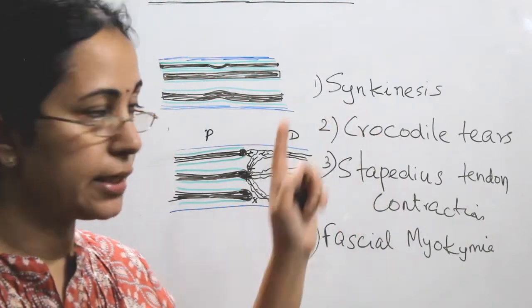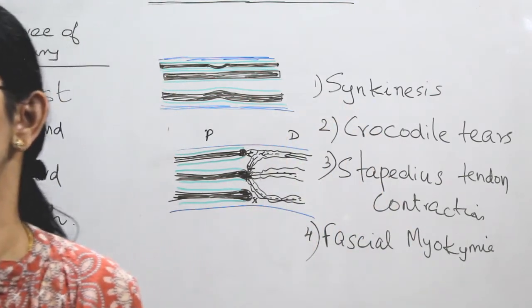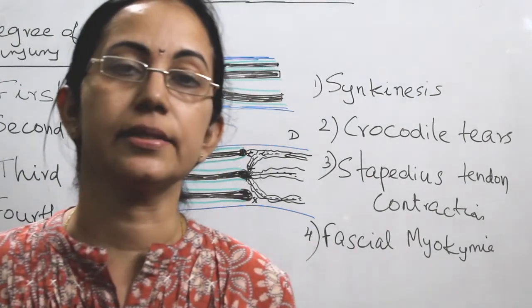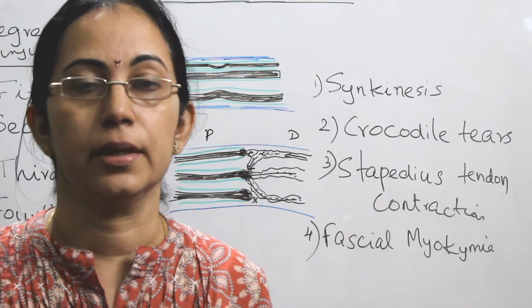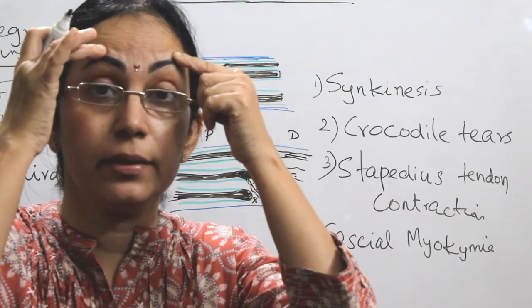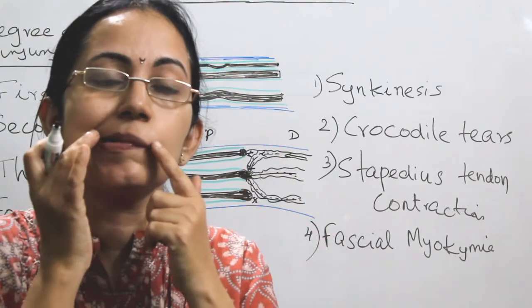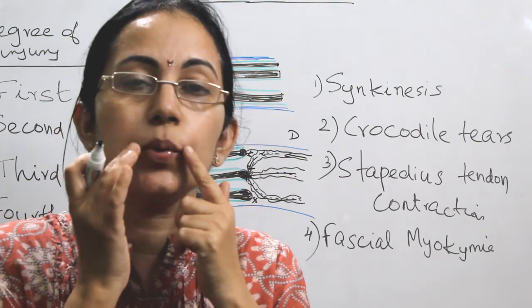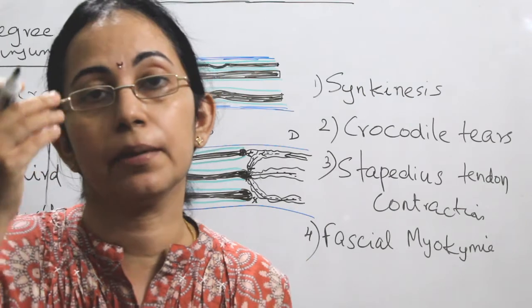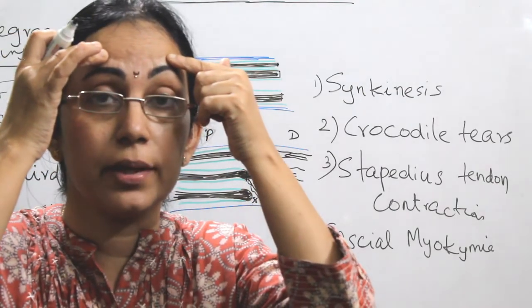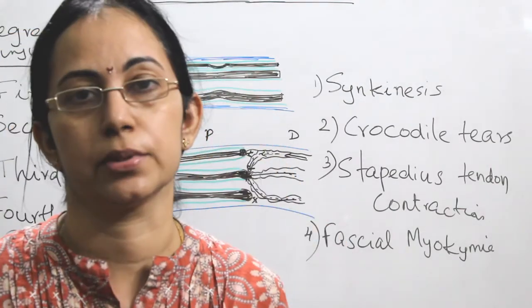So one is synkinesis. What is synkinesis? In synkinesis, there is abnormal synchronization of the movements. If the patient is wrinkling his forehead, along with that the angle of the mouth will droop, or there will be twitching of the muscles of the chin. Or sometimes when the patient wrinkles his forehead, his eyes will automatically close.